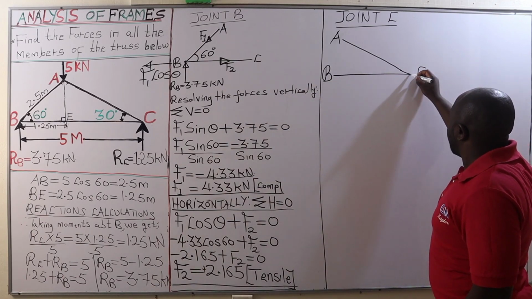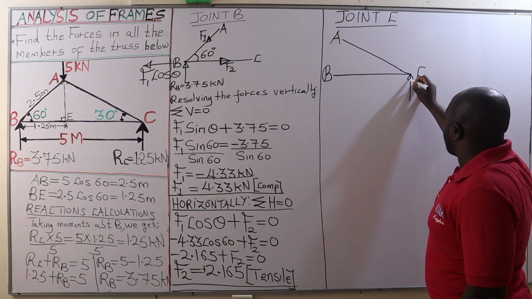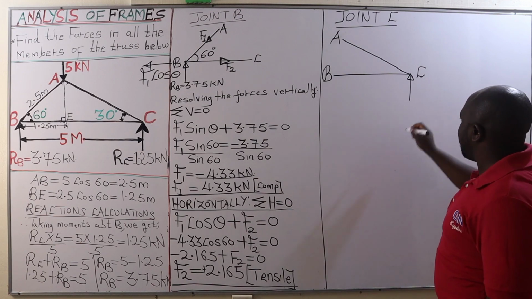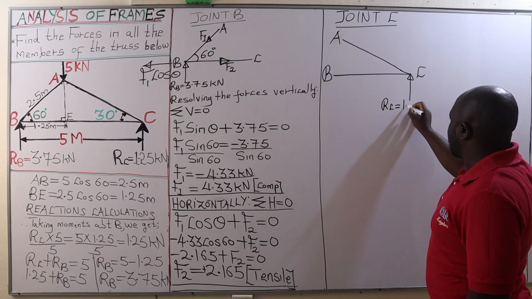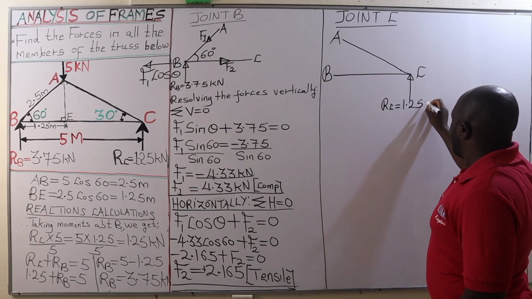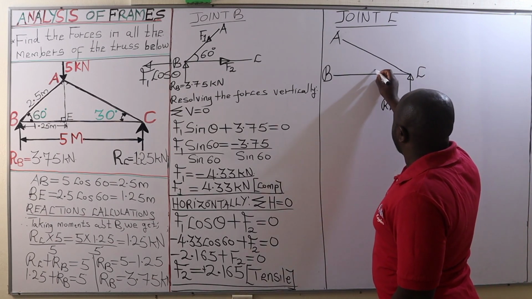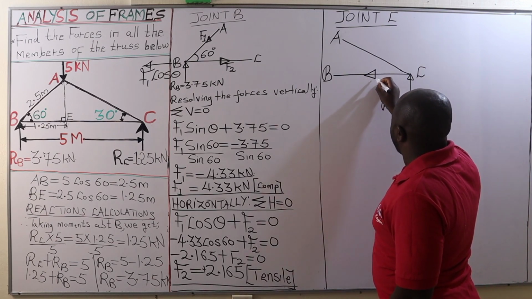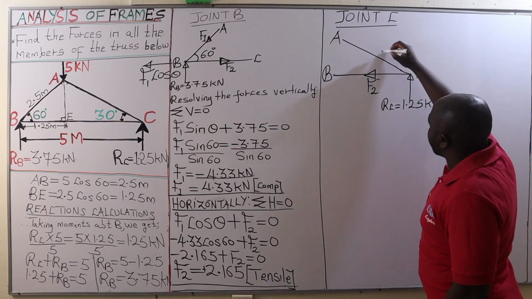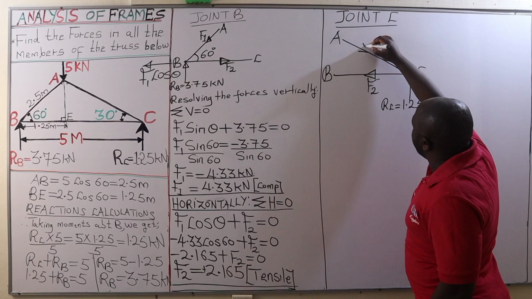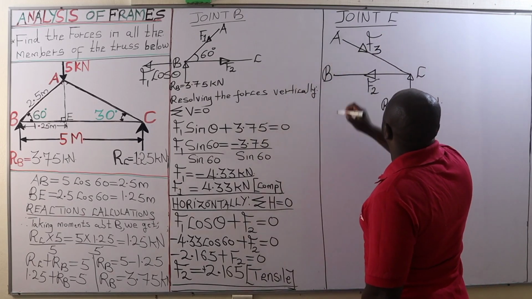Now, at C, we have a reaction whose value is 1.25 kilonewtons. Therefore, RC is equal to 1.25 kilonewtons. So, again, we are going to have a force F2 on member BC, and on member AC, we are going to have a force F3.